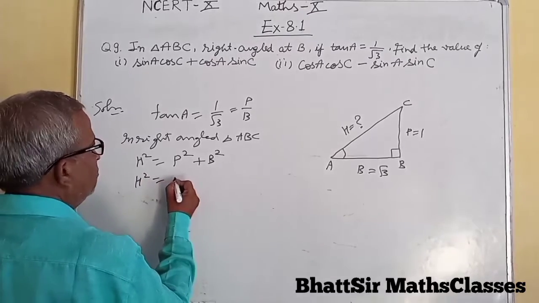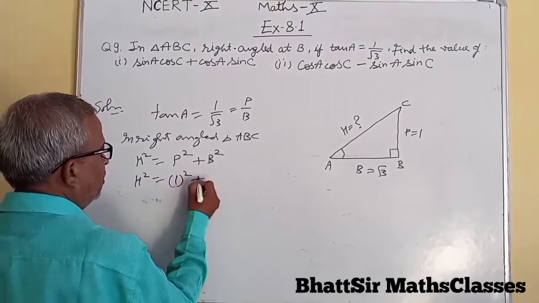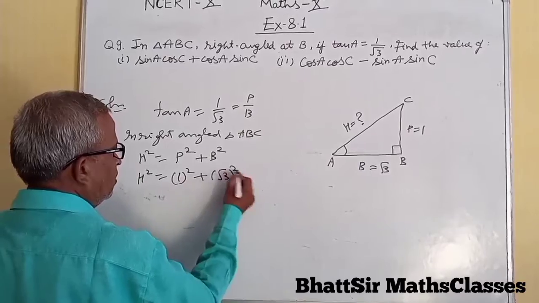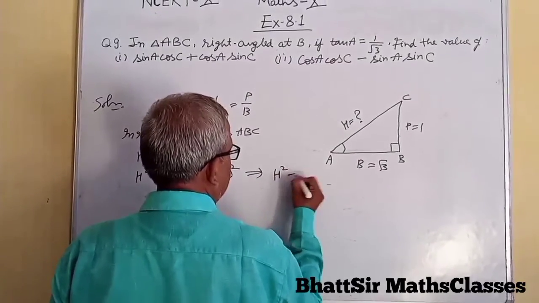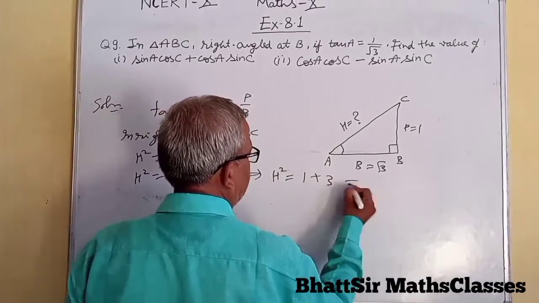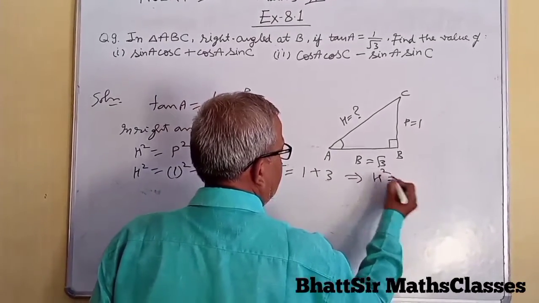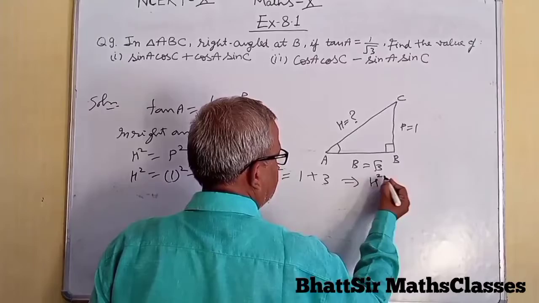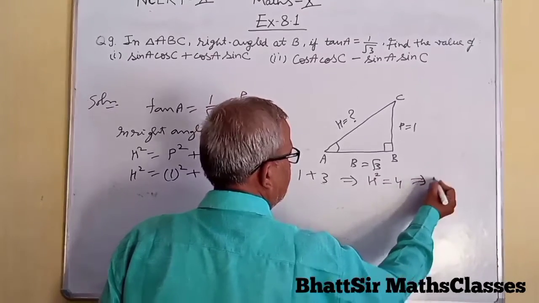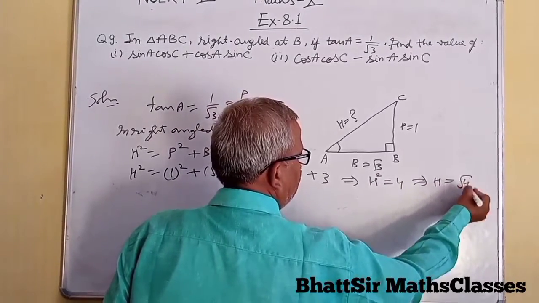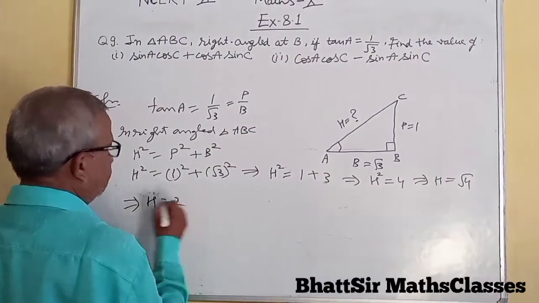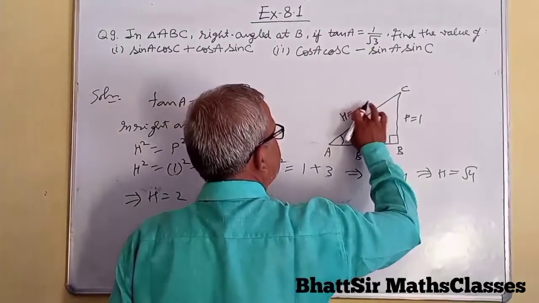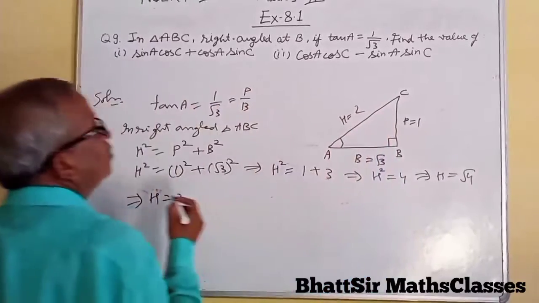H square equal to 1 square plus under root 3 square, implies that H square equal to 1 plus 3, implies that H square equal to 4, implies that H equal to under root 4, implies that H equal to 2. It means hypotenuse equal to 2.